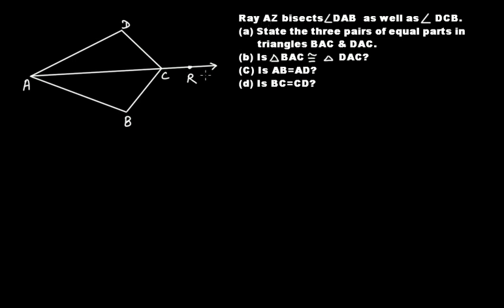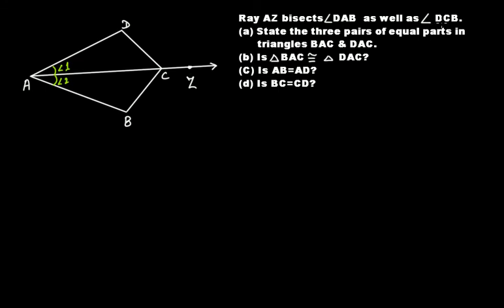Ray AZ, or in fact, okay, I have wrongly written it as R, but should be Z, bisects angle DAB. Angle DAB, it means that this angle, angle 1 and angle 2 will be equal. This is the angle bisector.